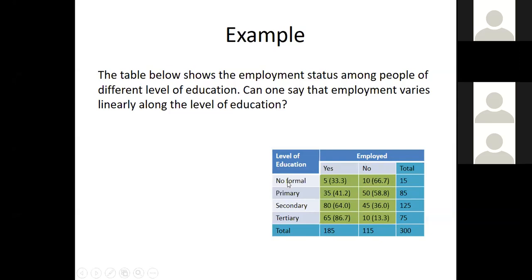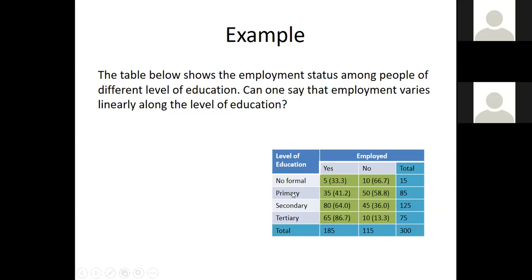You can see the same exposed, non-exposed, employed, non-employed, but we now look along no formal education, primary, secondary, tertiary. Look at the percentages employed: 33.3% of no formal education, primary 41%, secondary 64%, 86.7% for tertiary. The tabulation is along the horizontal. Among the no formal education people, there are 15 of them, 5 of whom, that is 33.3%, are employed.